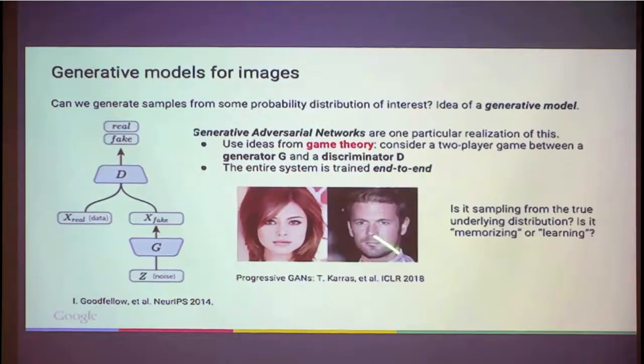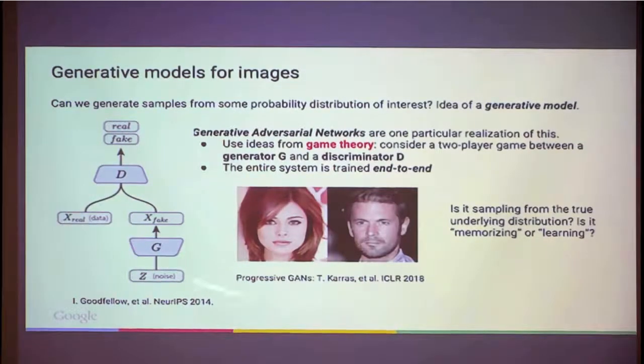And one interesting idea that has taken root in the past few years is to take ideas from game theory to solve this problem. So in this particular example of a generative model, which is called a generative adversarial network, you have, again, these two neural networks. One is D, one is G. And to solve this problem of generation, you have them compete with each other.